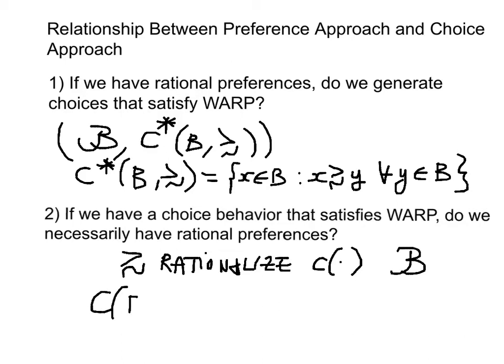So we have C of B, what's actually chosen, coinciding with the choice set that is generated by the preference relation. So optimal choices generated by the preference relation coincide with what is actually chosen, but having choices that satisfy the weak axiom of revealed preference does not guarantee that there exists a rationalizing preference relation.